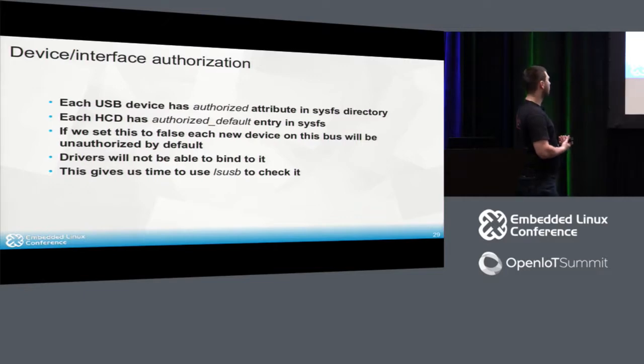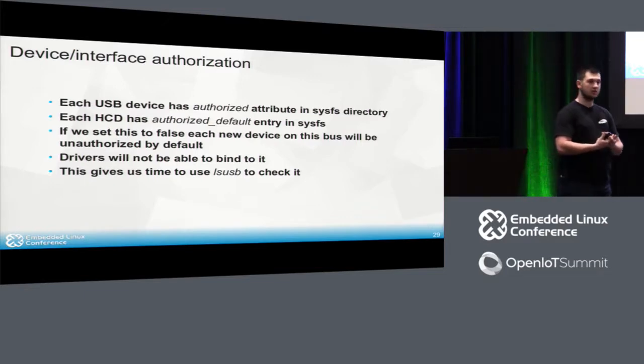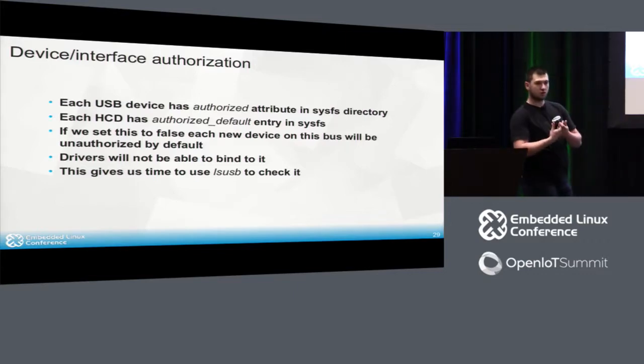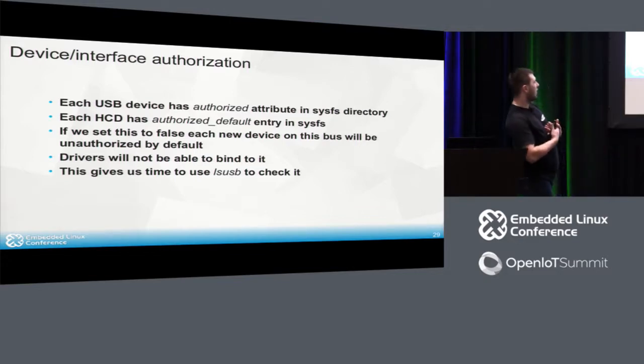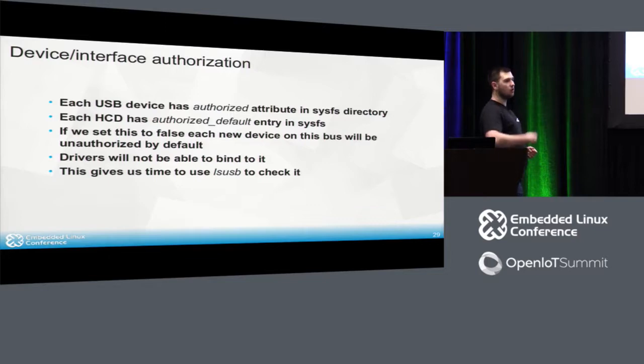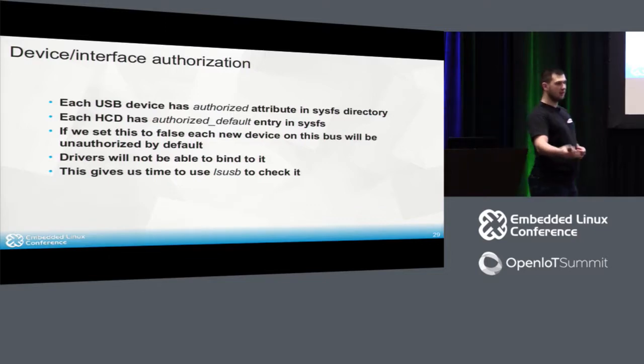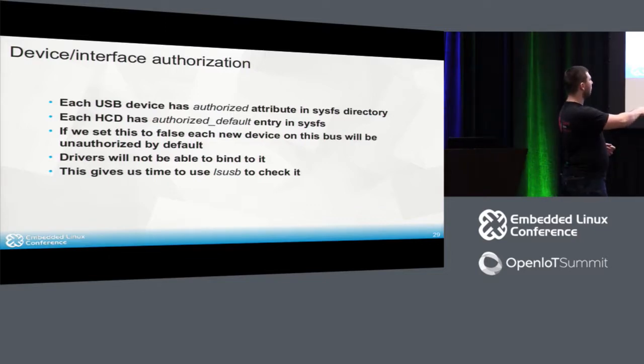So how does it work? Each USB device has an authorized attribute in its sysfs directory. Each host-controller device has the authorized_default attribute in its sysfs directory. If we set this attribute to some value, each newly connected USB device will get this as a default value for the authorized attribute.